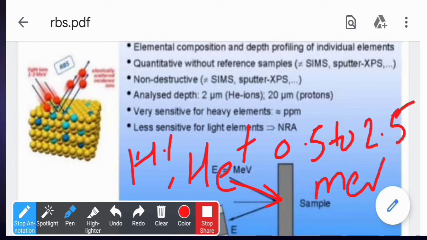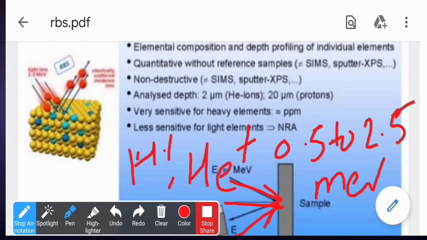These ions are directed on the target material and may get scattered in various directions. We determine the energies of those scattered ions, the backscattered ions. This forms the principle of the Rutherford backscattering technique.